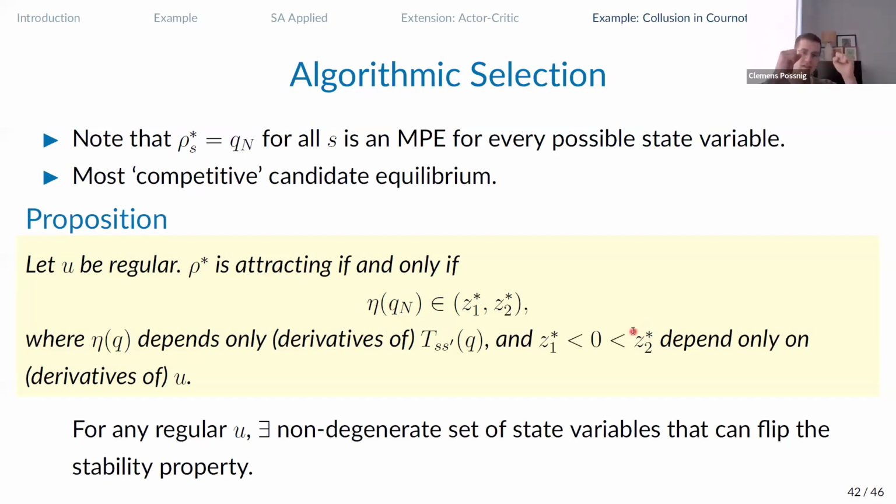So once you have the cutoff points, you get them from any fixed regular payoff function. There's always going to be a non-degenerate set of state variables such that this eta function is within the set or outside of the set. So we get a whole host of state variables under which the Nash equilibrium is learned with positive probability, and another one under which the Nash equilibrium is never learned, so that these algorithms are never going to learn to be competitive with each other.